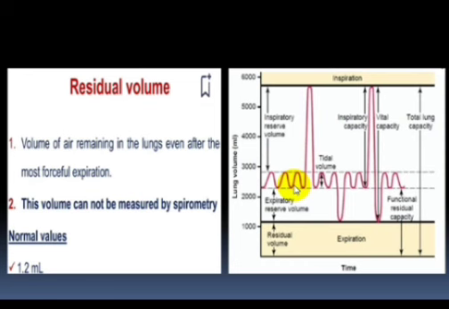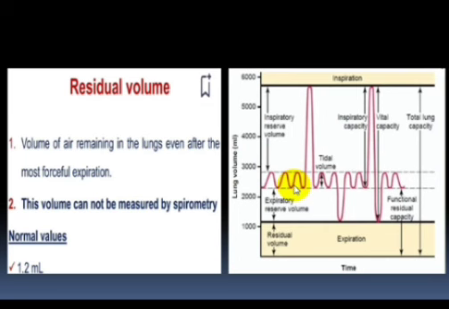Then finally, under lung volume, pulmonary volume, you have the residual volume. Residual volume is the volume of air that is remaining in the lungs after a forceful expiration.